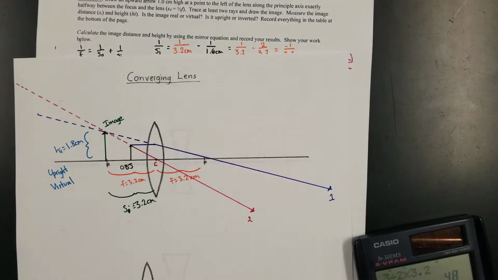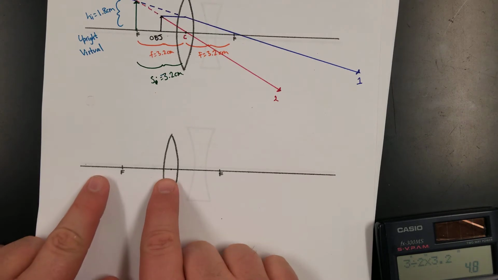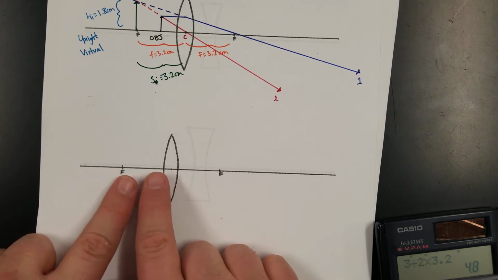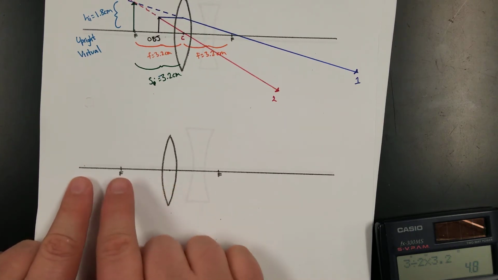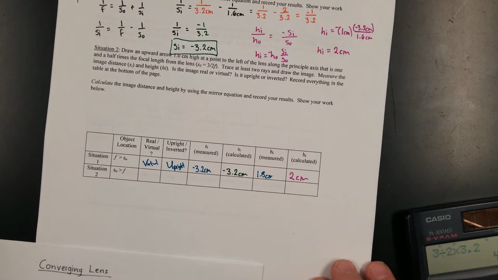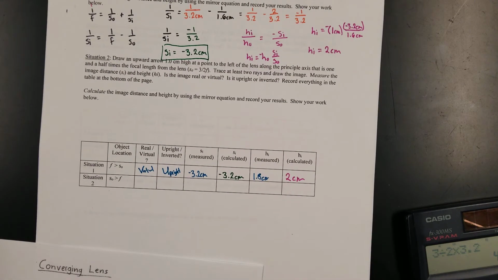And so we're going to put our object 4.8 centimeters from the center of the lens. And again, that should be over here to the left. So instead of being between the focus and the lens, this one's going to be to the left of the focus. So hit the pause button here when Simon says go. Do situation number 2 all by yourselves, and then press play, and we'll do it together.